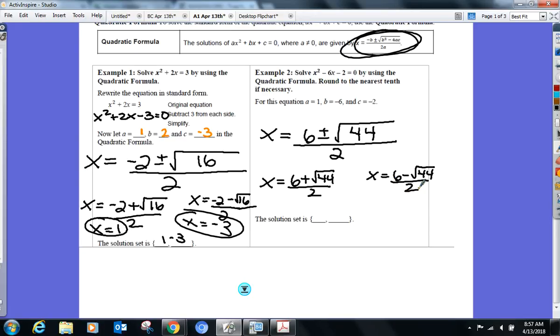Directions say round to the nearest tenth. So you should be getting decimal answers out, so go right ahead. Nearest tenth.